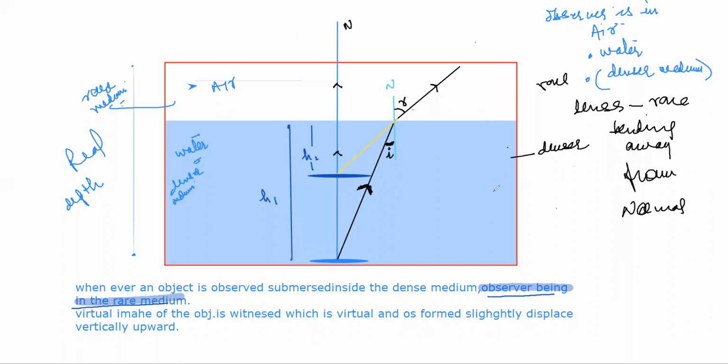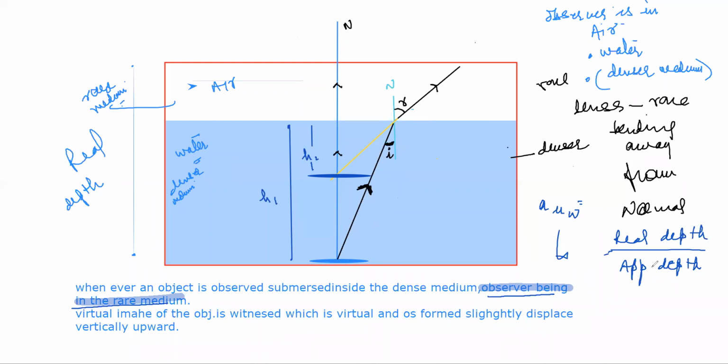If I try to find the denser medium's refractive index, I have A mu W, which is equal to real depth upon apparent depth.